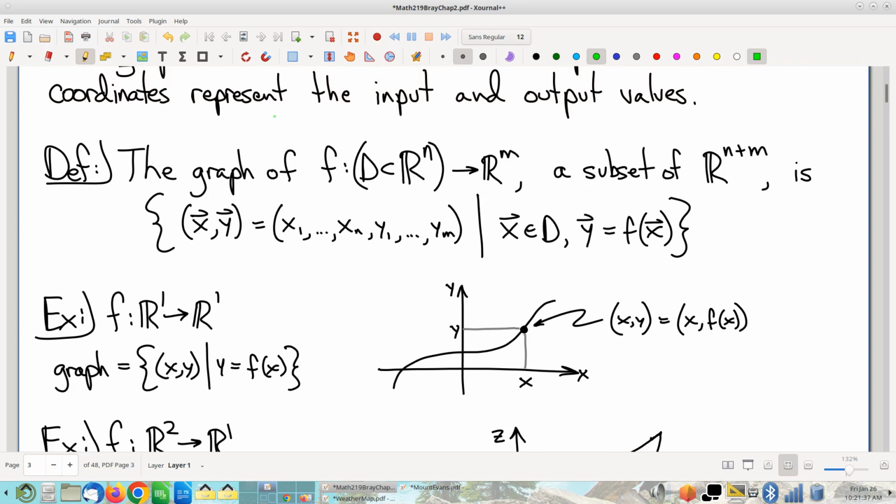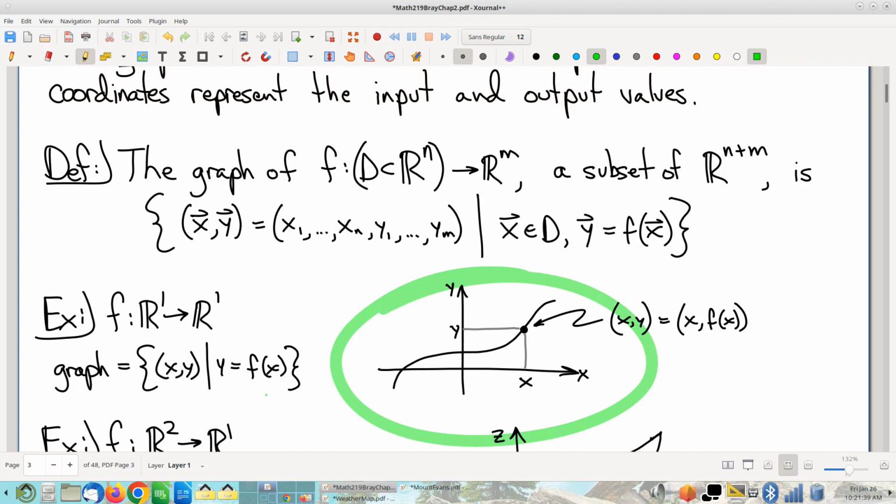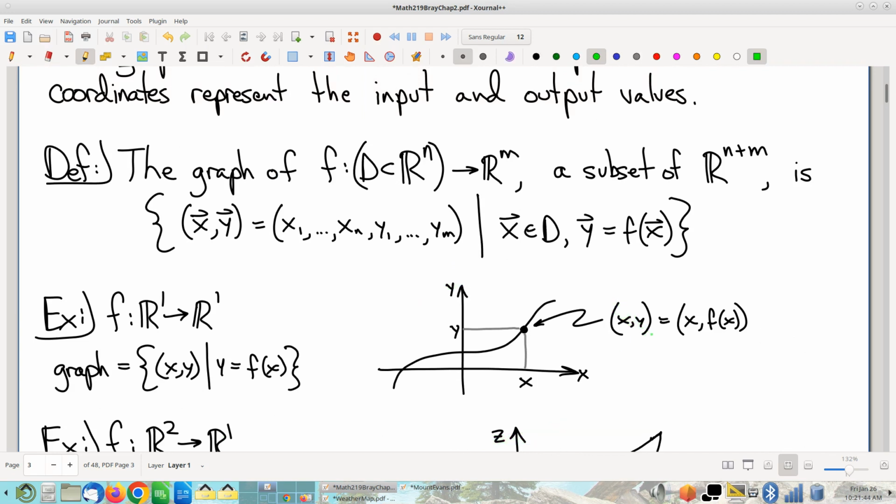Y'all know single variable graphs, right? Pictures like this you've seen a million times. Okay, so let me talk first about what does it mean for a point to be on the graph. So here we go, a point x comma y on the graph. What does that mean? Well, the first coordinate, x, of course, typically is the input variable. That's the variable that goes into the function that you're trying to draw a graph of. Okay.